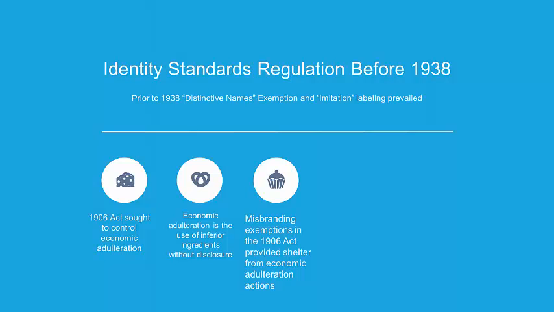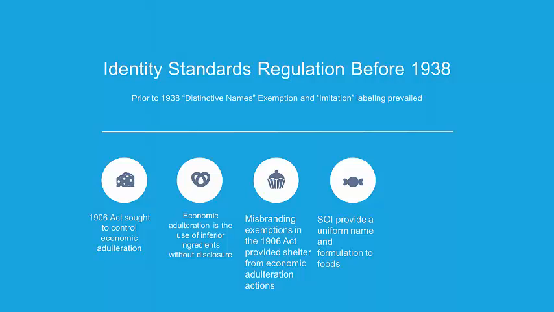This led to a huge mess in the courts about whether it was a distinctive name and what kind of distinctive name, and whether if it said imitation but it contained one artificial ingredient, was that sufficient to meet the component of exemption that was in the misbranding. A lot of litigation, a lot of work. It was a mess, and so it just didn't work, and it didn't work in the way the drafters intended.